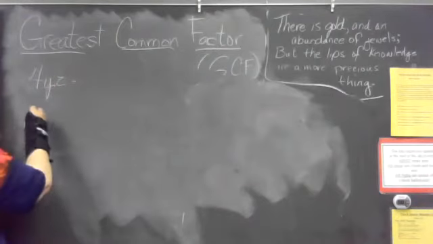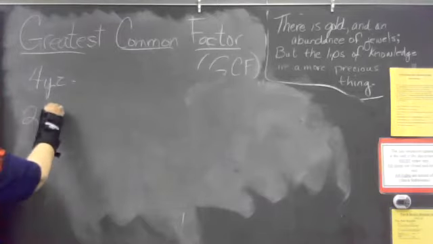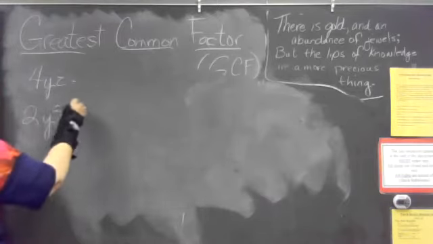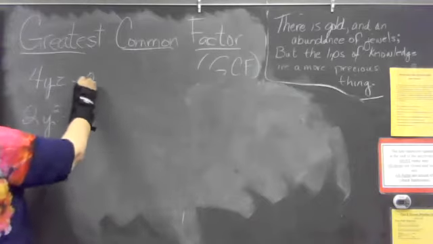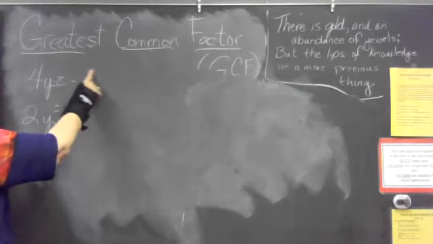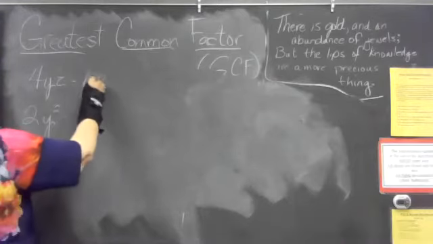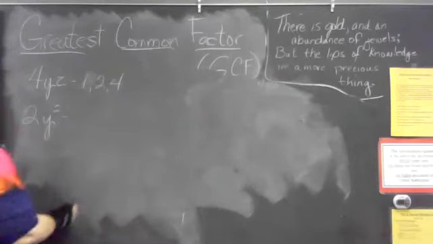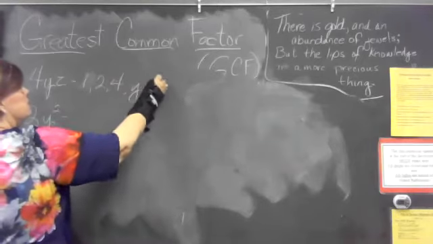Z, 2y squared. Okay? So if you break this down, 4 is 2. All the factors. So I've got 1 and 2 and 4, but I also have y and z.